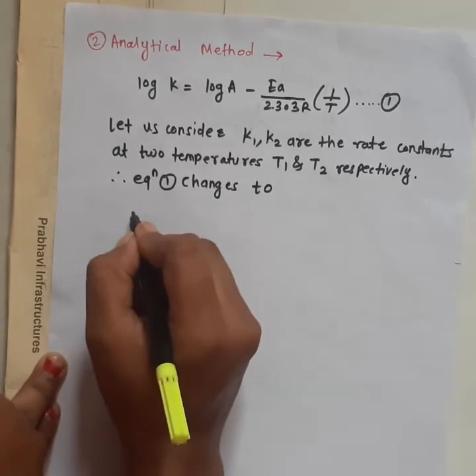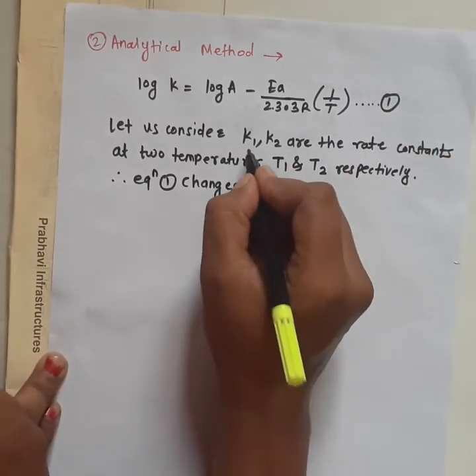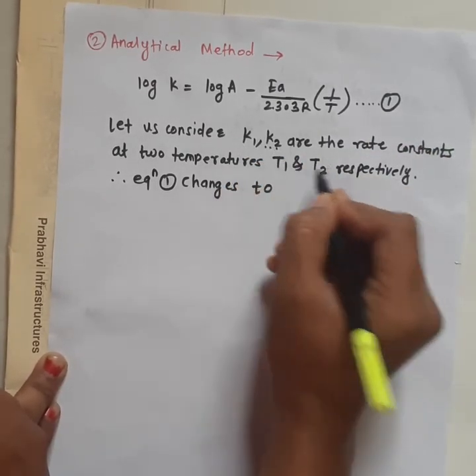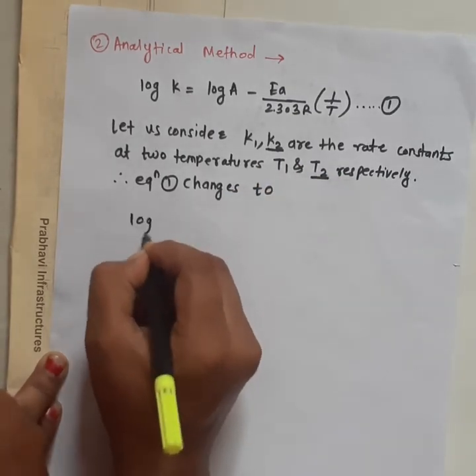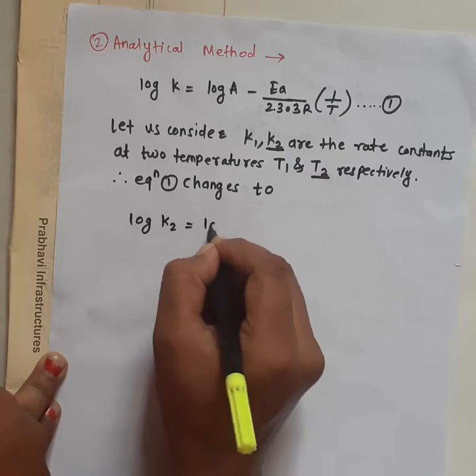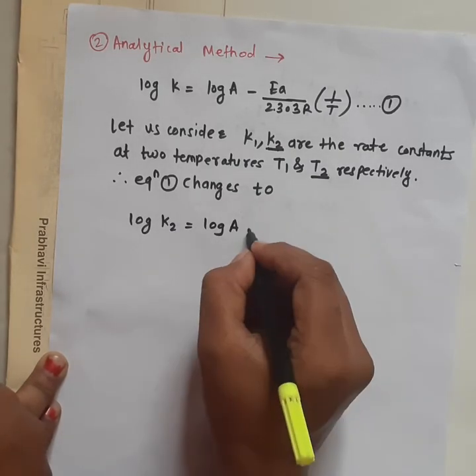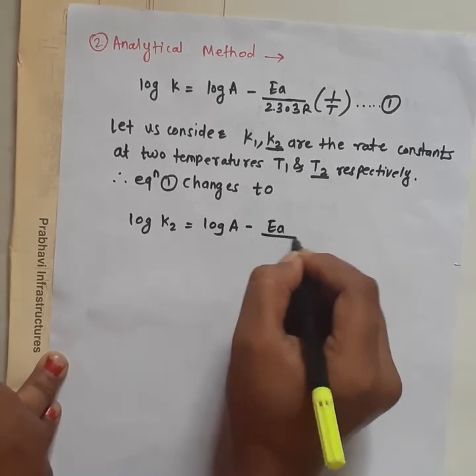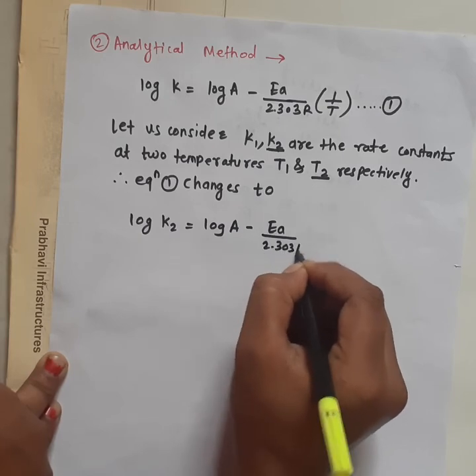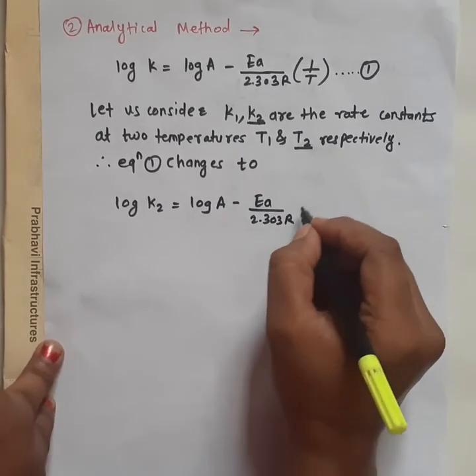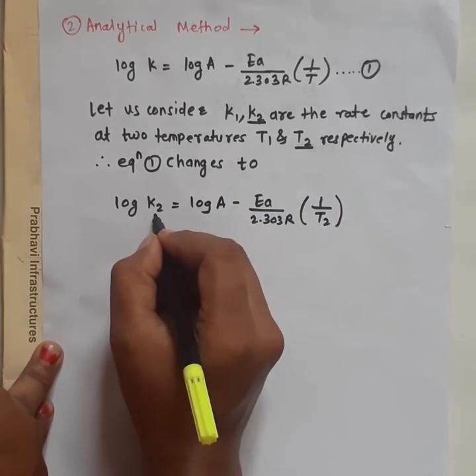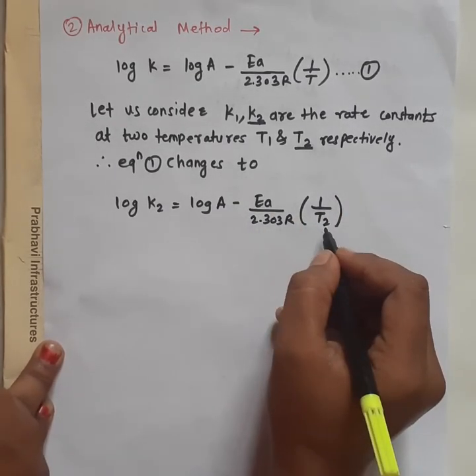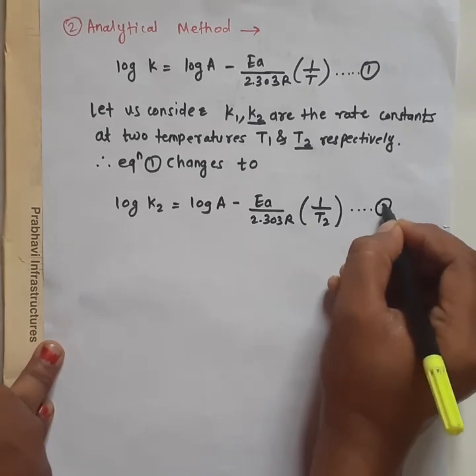So if we write equation 1 for rate constant K2 and temperature T2, we get log of K2 is equal to log A, this A is a constant, minus EA upon 2.303 R into 1 upon T2. This is called equation 2.